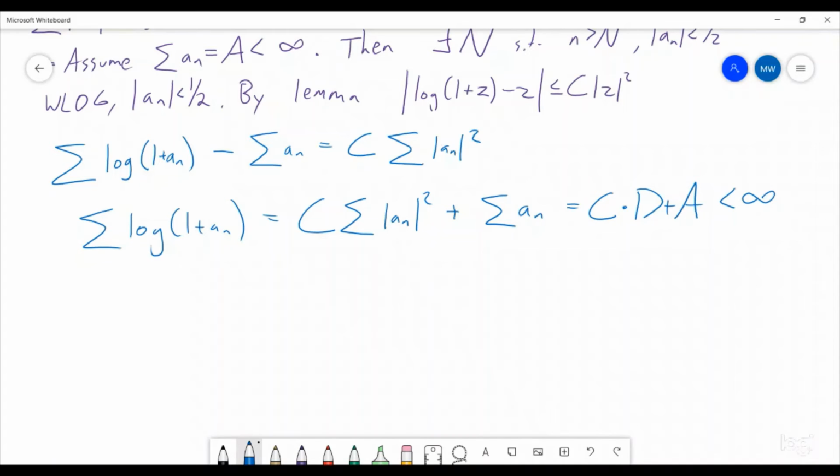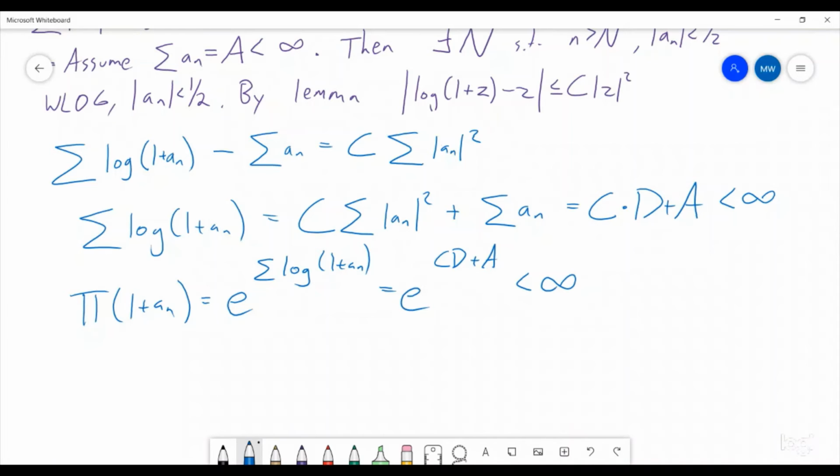Therefore the sum of the logarithms converges, which we showed earlier means that the product converges. So the product of our 1 plus a sub n's is equal to e to the sum of our logarithms of 1 plus a sub n's, which is equal to e to the c d plus a, which is finite.